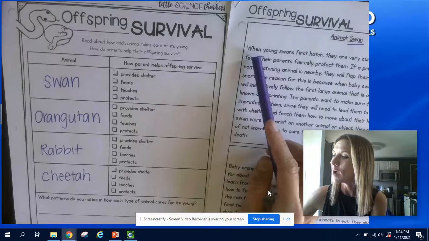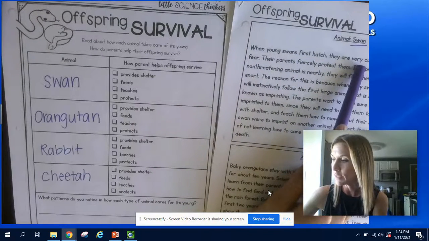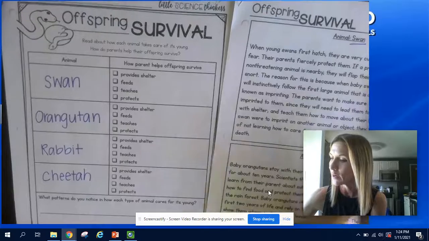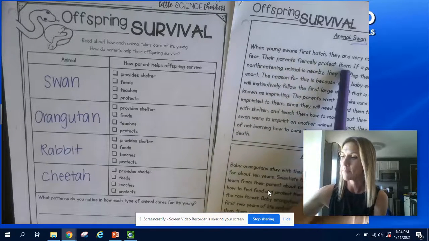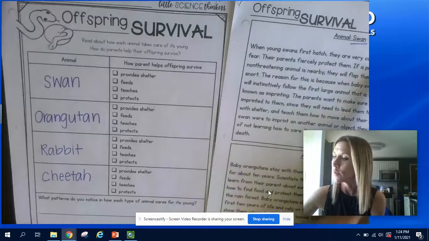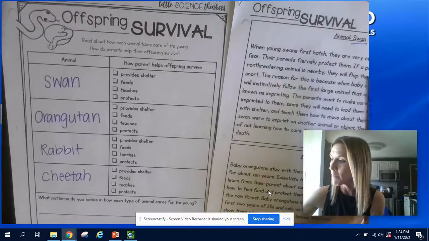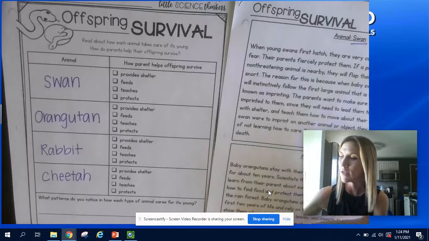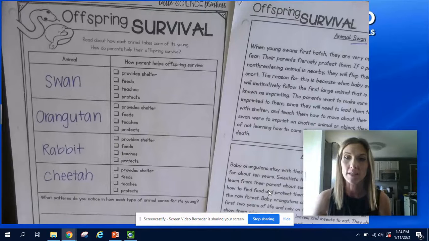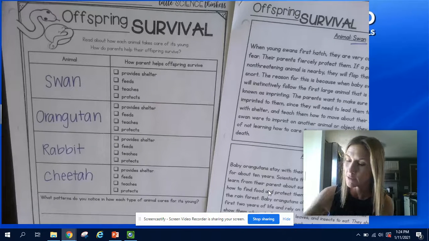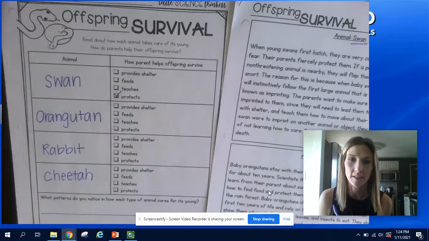This says, when young swans first hatch, they are very curious and have very little fear. Their parents fiercely protect them. If a predator or even another animal is nearby, they will flap their wings, hiss, grunt, and snort. So I just read that swans protect their offspring. So I'm going to check the box that says protect.